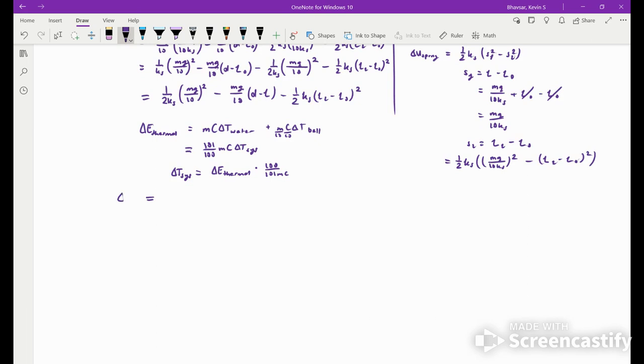So delta T sys must be equal to 100 over 101 mc times our entire equation from before. And that is done.